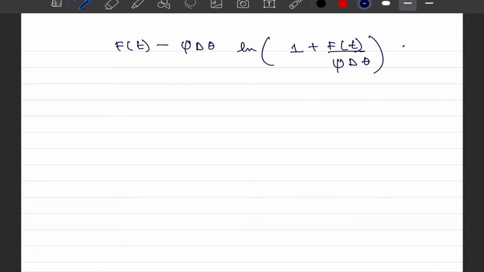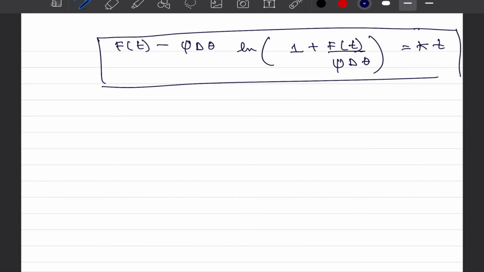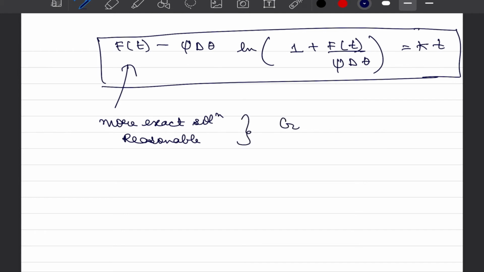And when we simplify it, we can write this as F(t) minus phi delta theta times ln of (1 plus F(t) upon phi delta theta) equal to Kt. And this expression that is used to calculate the total amount of infiltration that would take place in the soil, with a more exact solution but with reasonable assumptions, is known as Green-Ampt's method to calculate the rate of infiltration.